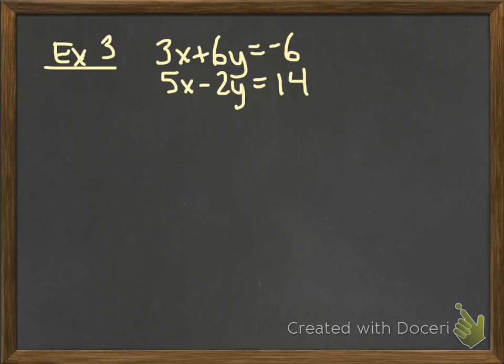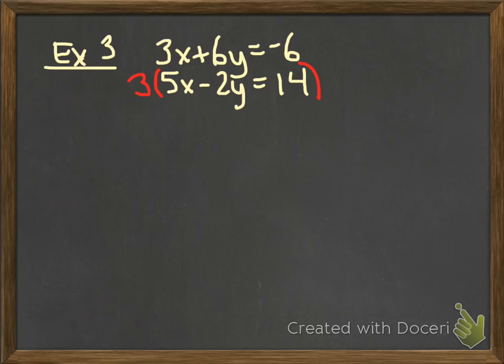So point of intersection and solution of the system of equations mean the same thing. Example 3, the first line is 3x plus 6y equals -6. The second line is 5x minus 2y equals 14. Because we have a plus 6y and a minus 2y, I think it'll be easier to cancel out the y's, because one's positive, one's negative. We just need to make the y's the same. So if I multiply the bottom equation by 3, that will give me a -6y on the bottom.